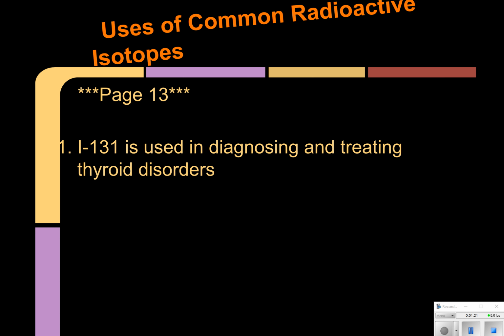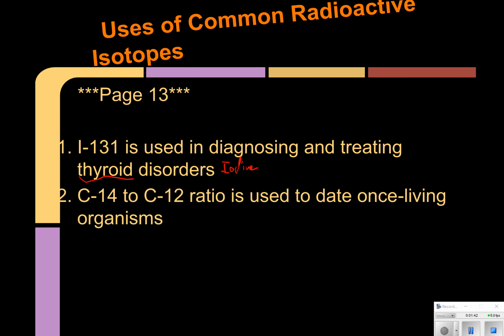This particular radioisotope is used in diagnosing and treating thyroid disorders. The key for this: anytime you see thyroid, you want to think iodine. And these tend to show up on the regents fairly often.